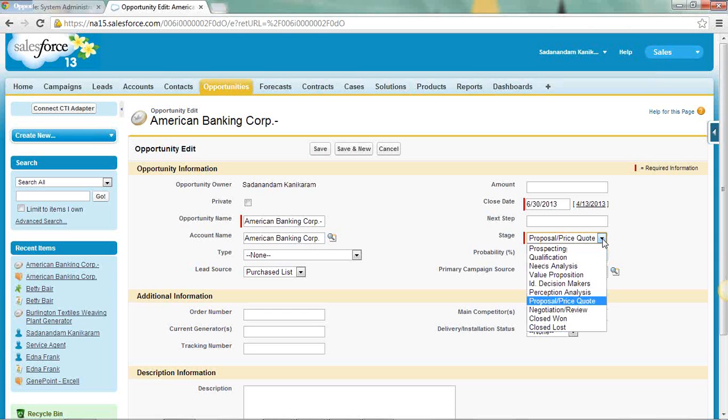If I'm selling hardware, I may not have some of these values that are relevant to the business. If I'm selling big machines, which could be at a higher price, versus just selling software, maybe there could be a demo value in this particular stage. Depending on what I'm selling and whom I'm selling to, I can have relevant values over here, which are part of my sales process. The sales process will have all of these stages, and I go through each stage until I either win or lose that business.